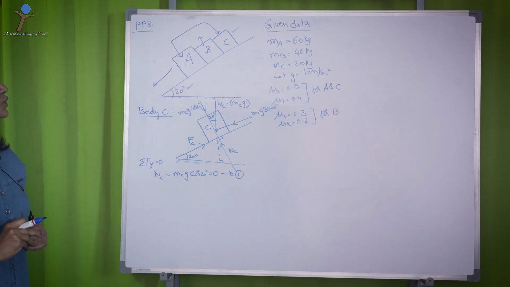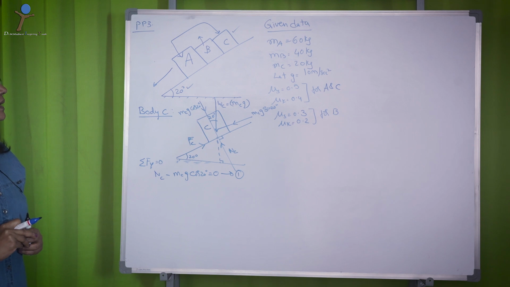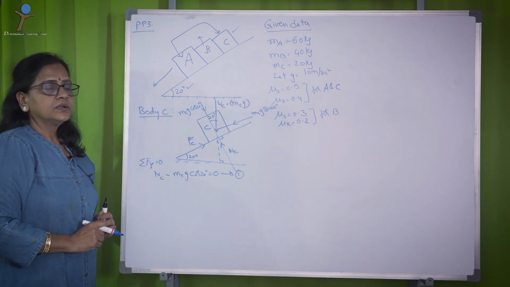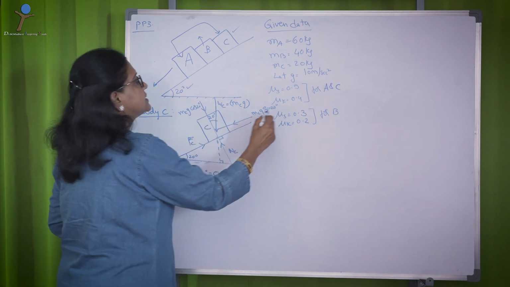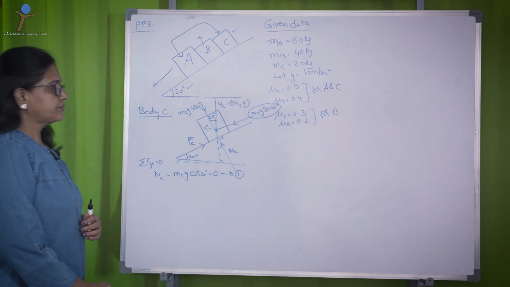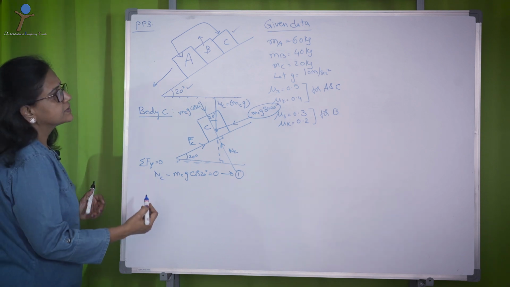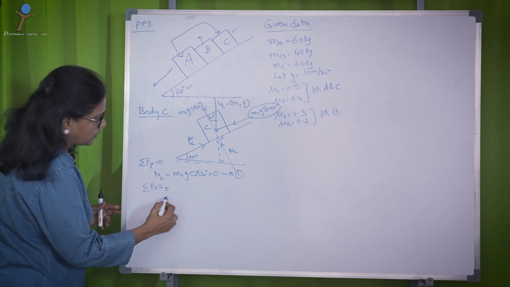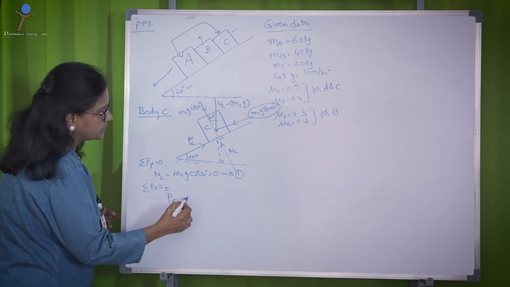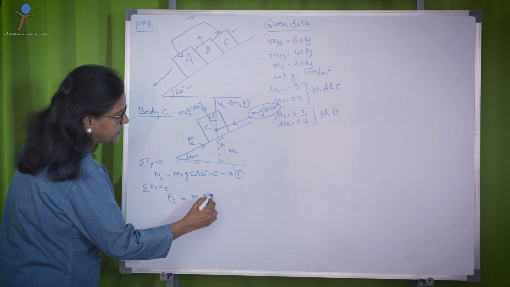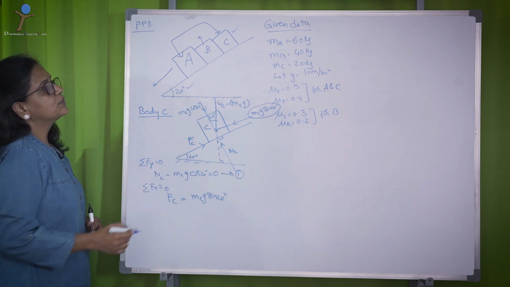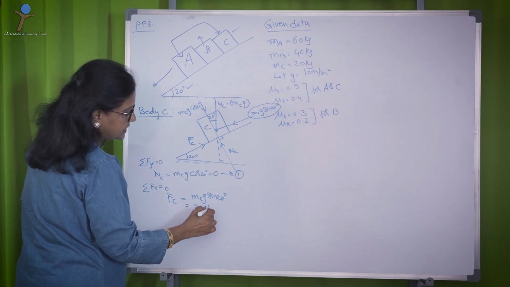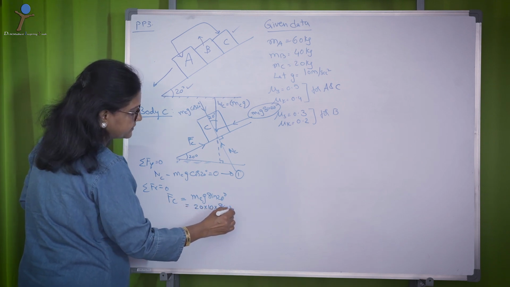To check that, you have to calculate the frictional resistance offered by the body on the inclined surface. That value is, sigma Fx equal to 0, where FC is equal to MCg sin 20.